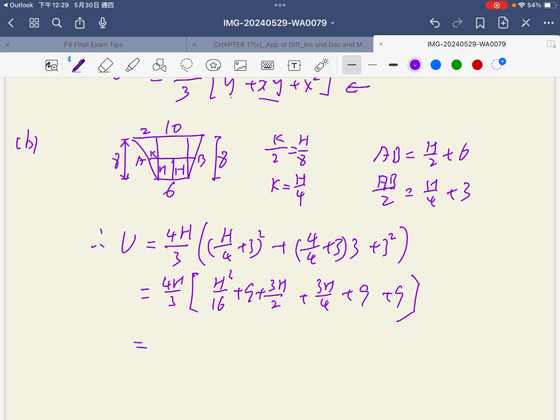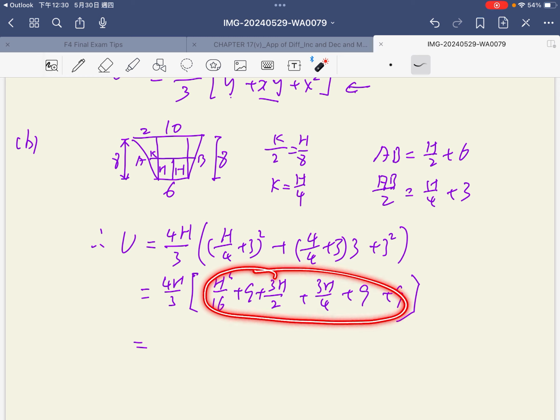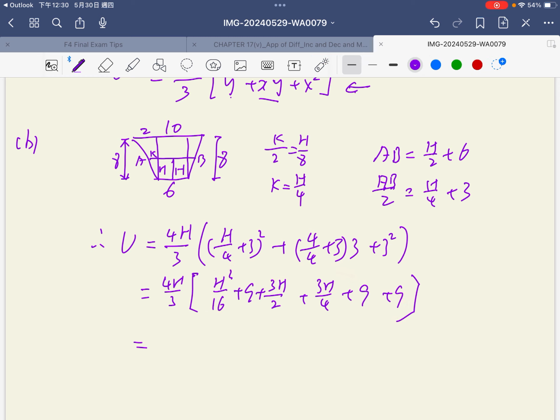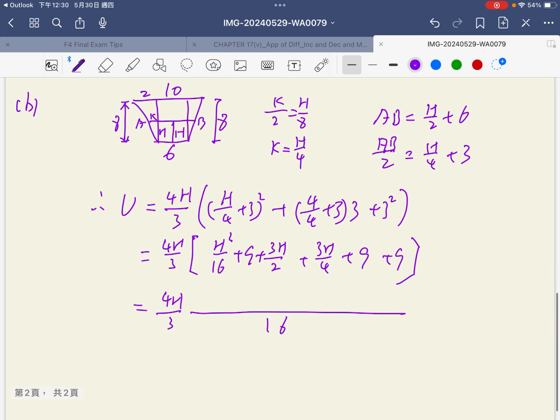Then reduce these fractions to a common denominator, which is 16, which gives H to the power 2.